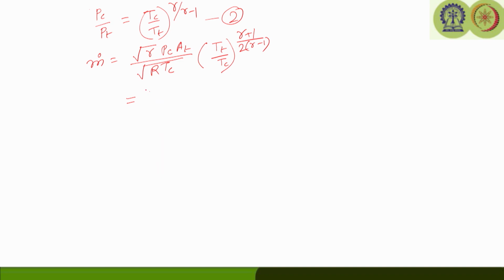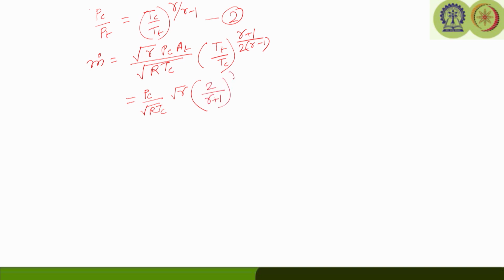we can write here? We can write here is A t P c by R T c, and rest of the term like square root of gamma into this T t by T c we already got earlier. So, we just express that in terms of gamma only.